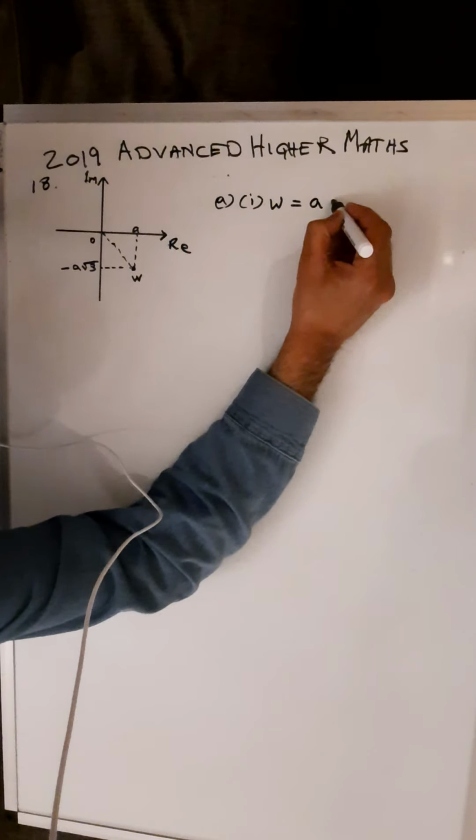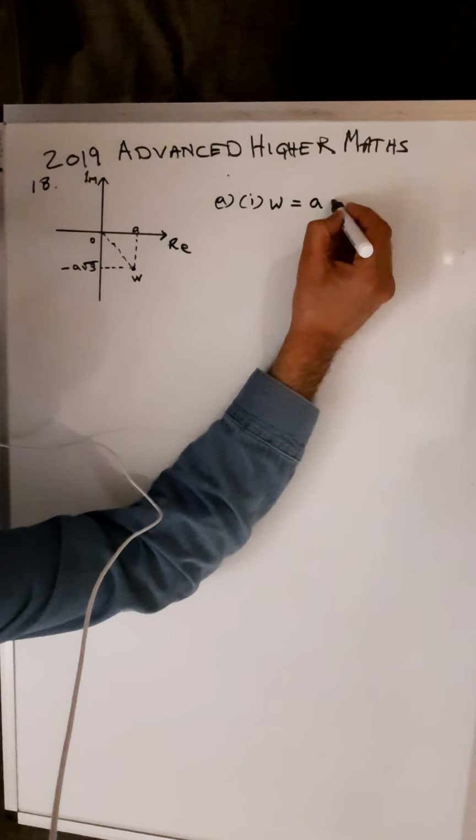So now what you can do with that is you've got 2 cos minus pi by 3 plus n lots of 2 pi plus i sine minus pi by 3 plus n lots of 2 pi, all raised to the power of 1/3.